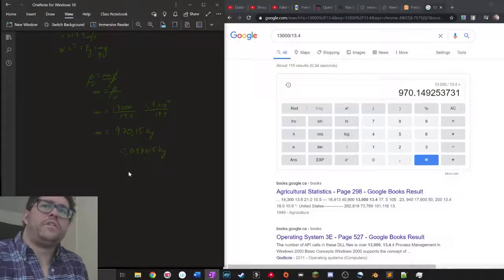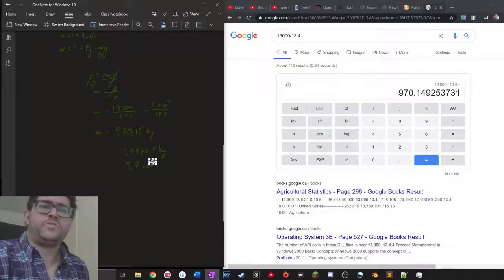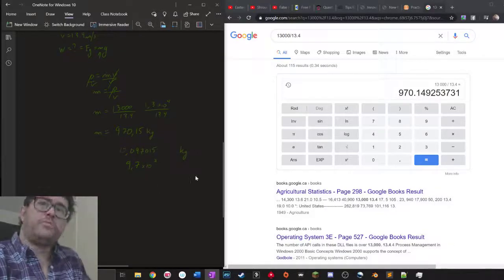Or if we put this in scientific notation, times 10 to the minus 2. Times 10 to the 2. Previous answer is off. Not that off. Missing my times 10 to the 4, which is up here.